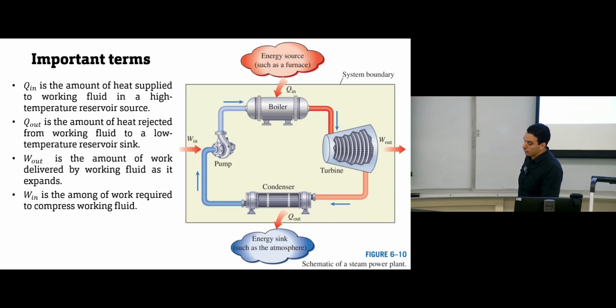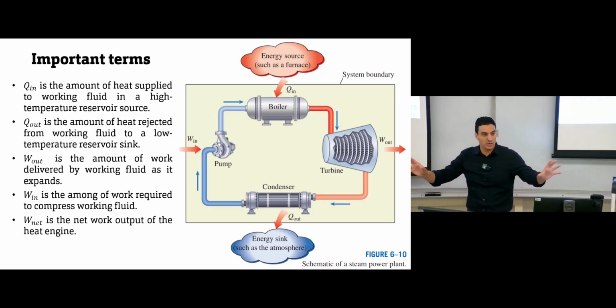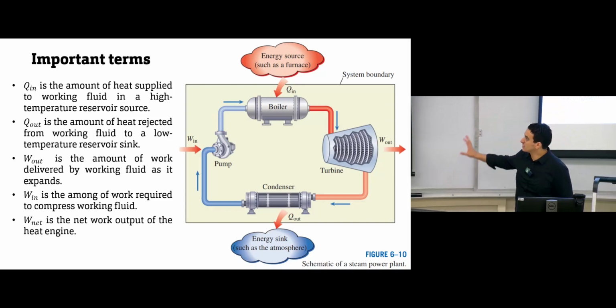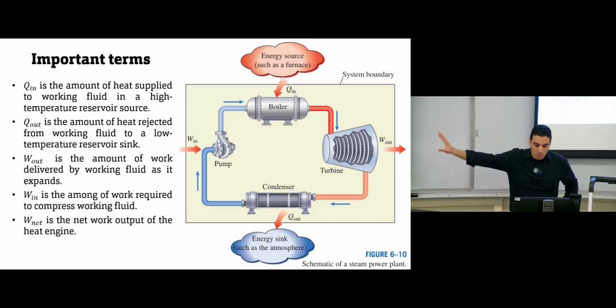Work in, the amount of work required to compress the working fluid in the pump. And net work, the net work output of the heat engine, which is the difference between outlet work and inlet work. This slide is the definition of every term you will see in the problems, every term you will see in this chapter, even the next chapter. All of these terms will be repeated by this time.